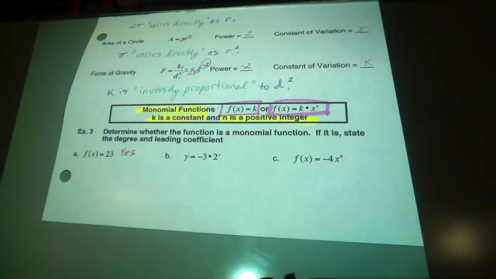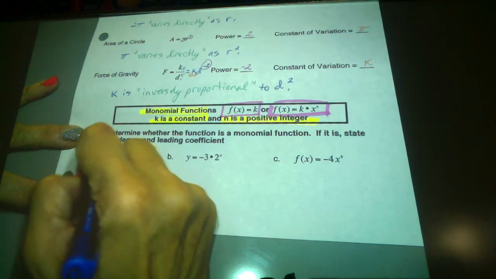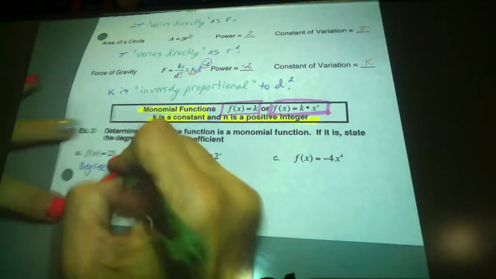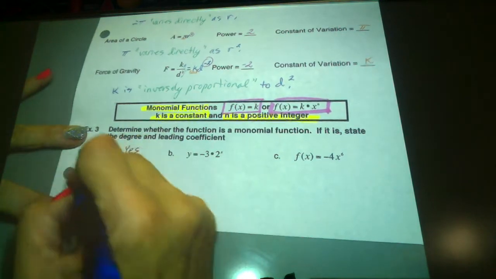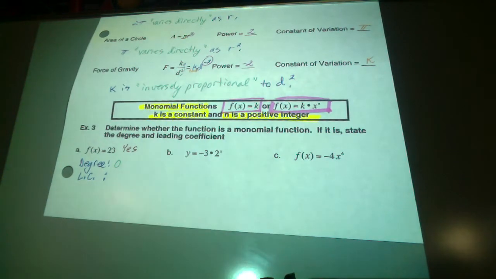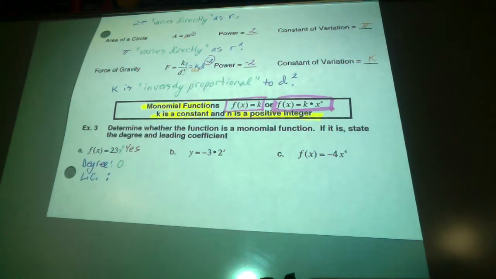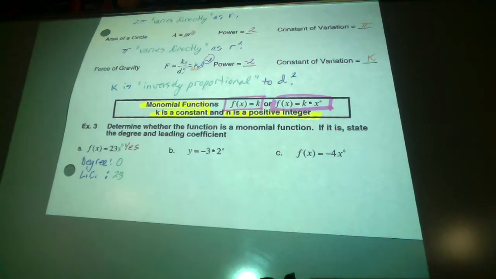What would the degree be? Very good, the degree is 0. What would be the leading coefficient? Remember, behind that is x to the 0. So what's the leading coefficient? It is 23. Whatever the constant value is, that's your leading coefficient.